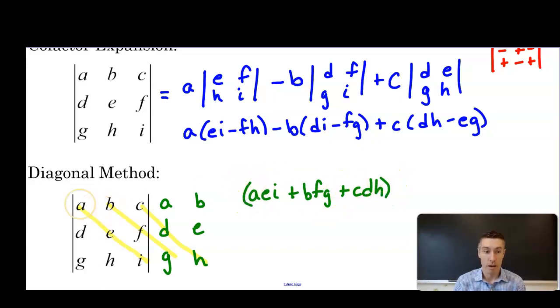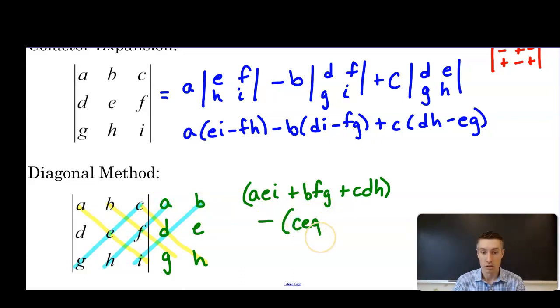So we find the product along the diagonal, and then we add it to the product of the next diagonal plus the product of the third diagonal. And then minus, now we go down the backwards diagonals, the three complete backwards diagonals. So that's going to be minus, and then we're adding the diagonals together, the products along each.